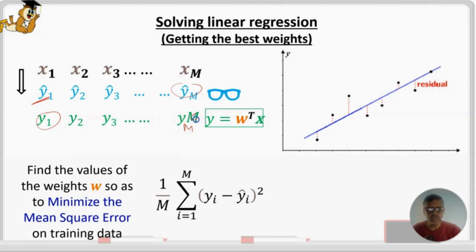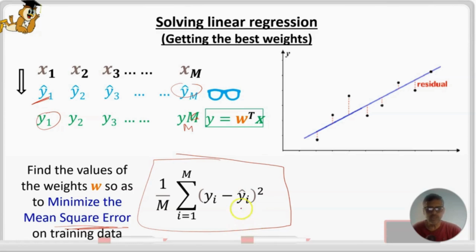And if you were to define our favorite mean square error metric, which we have looked at in the past, it would look something like this. This is your mean square error, and this is a good metric to consider and to aim for minimizing.